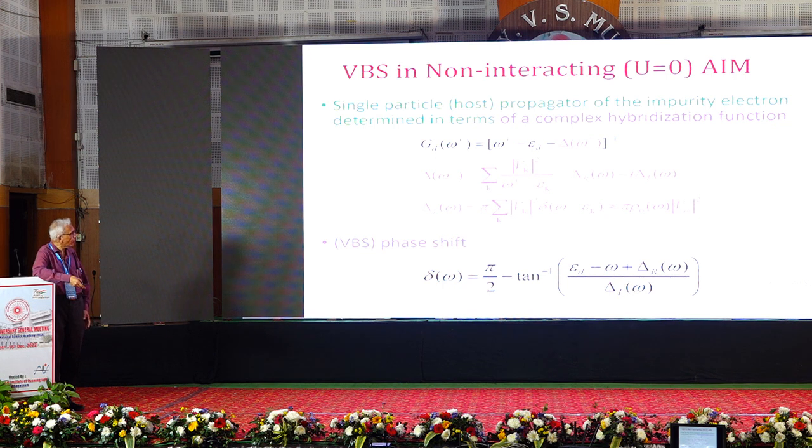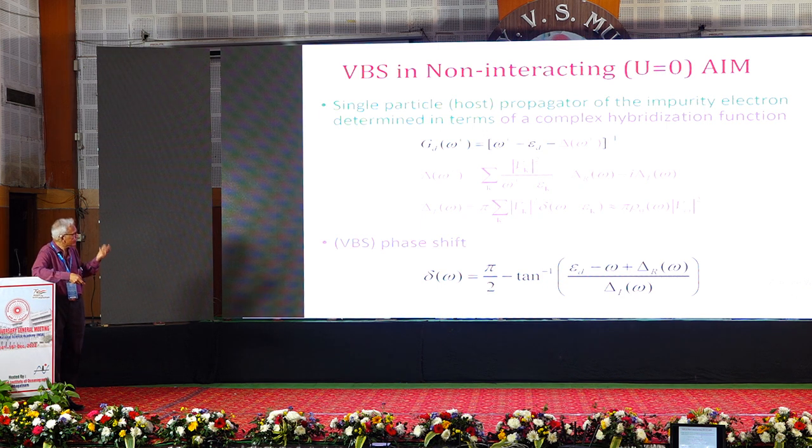And when U is in the non-interacting limit, when you neglect U, you can solve this problem exactly, and we do this normally in terms of something called the Green's function, which is the probability amplitude for an electron to be found at that impurity with a certain energy omega.